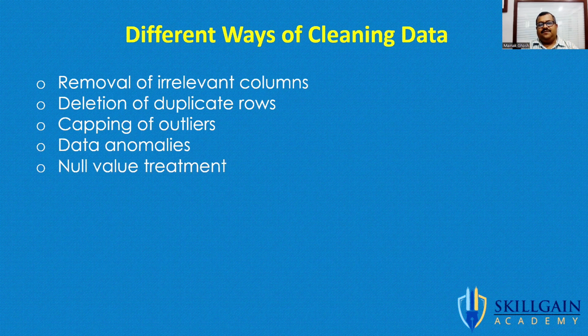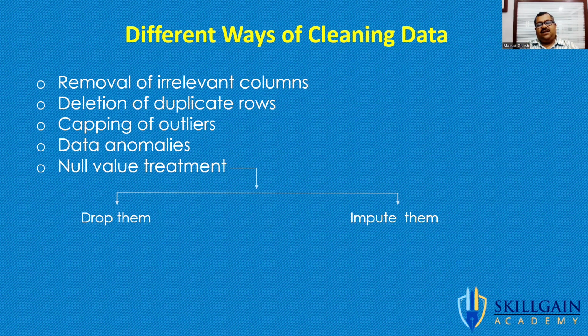Now next is null values. What are null values? Null values are those that do not carry any information, that is, vacant cells. There are 2-3 types of operations to handle null values. Let us see them one by one. First, we can straight away drop them. If the proportion of null values in the full dataset is very negligible, then we can straight away drop them.